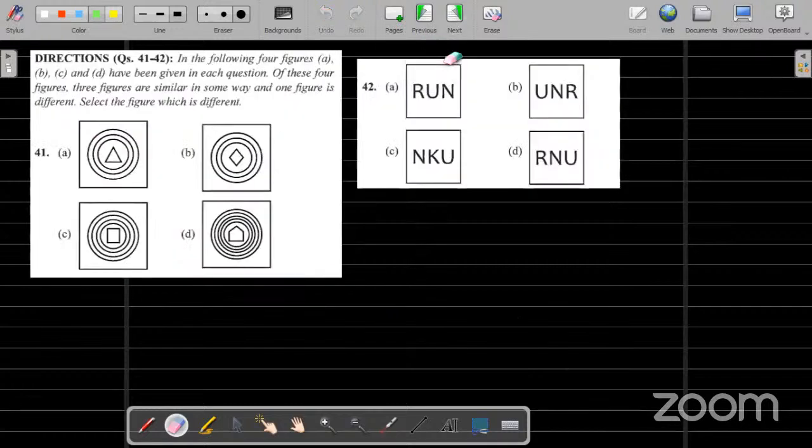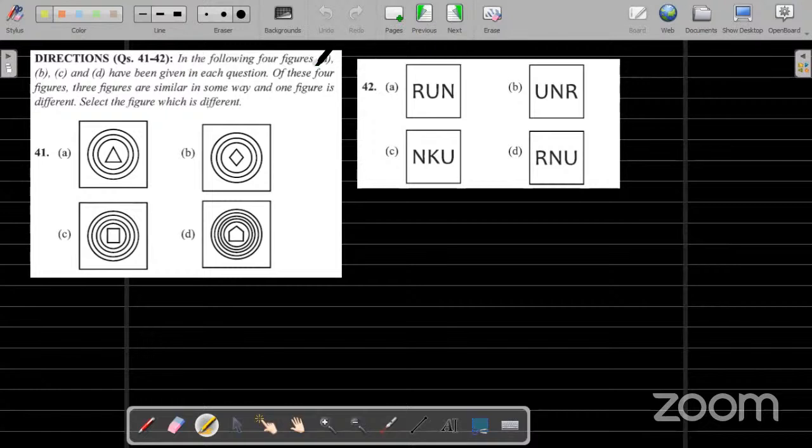Next one. So these are called non-verbal questions. You will be given some diagram and we should identify the odd one or a series that completes it. Here we should clearly read the question, read the directions before answering the question. Identify the type of question, then only we will be able to answer the question.